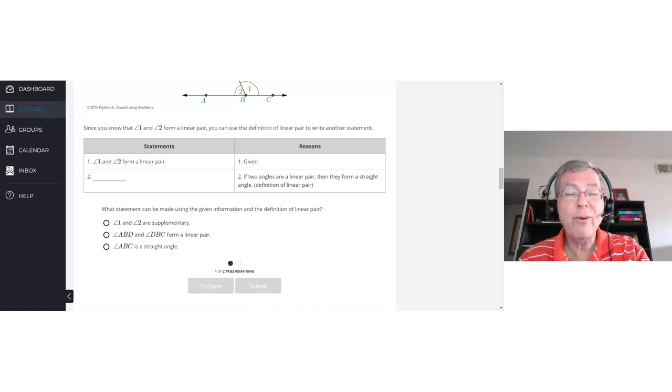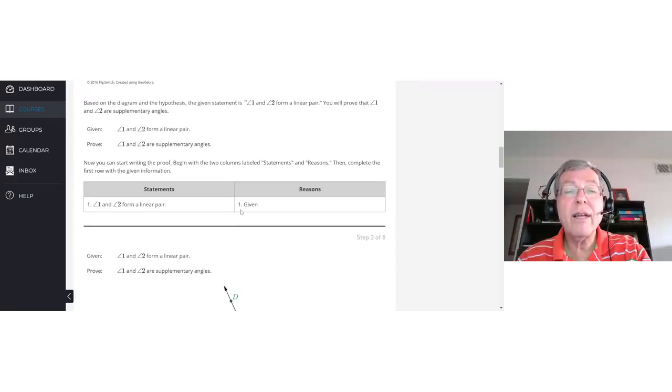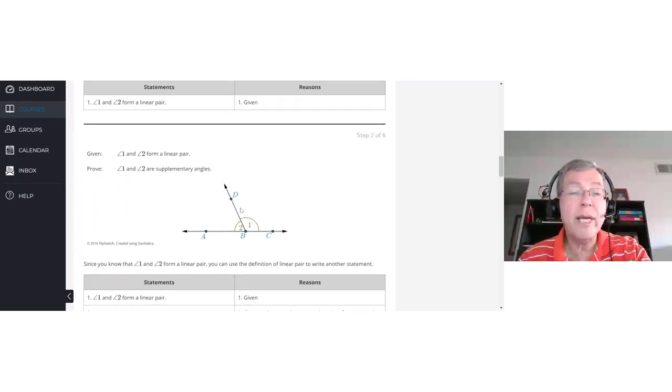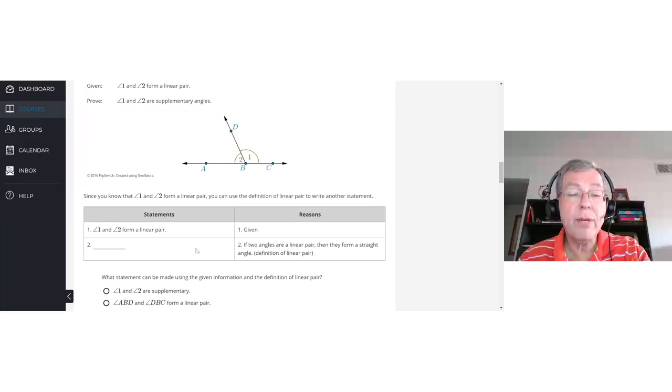That's just what was shown here. Up here, it says that we have supplementary angles. So that looks like angle 1 and 2 are supplementary.